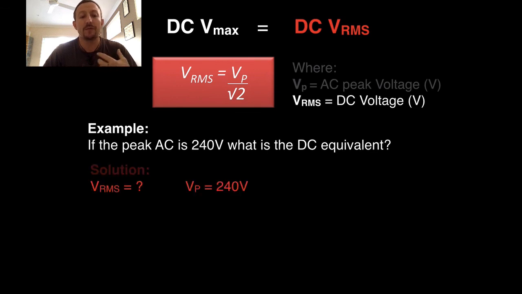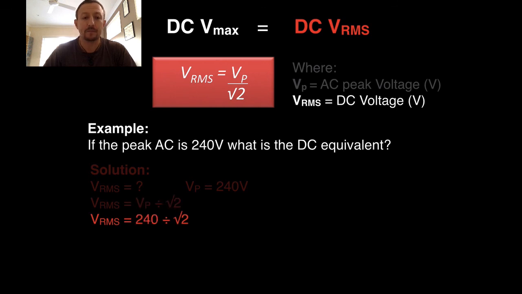I'm trying to find VRMS, and I know that VP is 240. So I use VRMS equals VP over root 2, which means I've got 240 volts divided by root 2. So my VRMS is 169 volts. So 240 volts AC will equate to 169 volts DC.